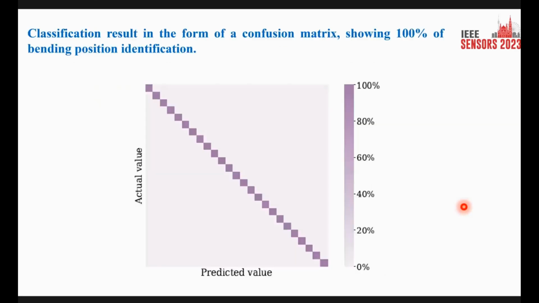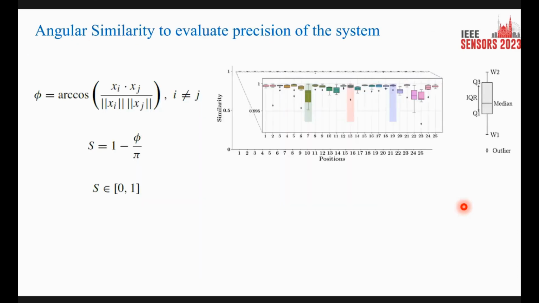Sorry. Then when we test this experiment, we can identify all these different directions, of course, after the algorithm was trained. So it was actually a very successful way to do this bending monitoring in many directions.